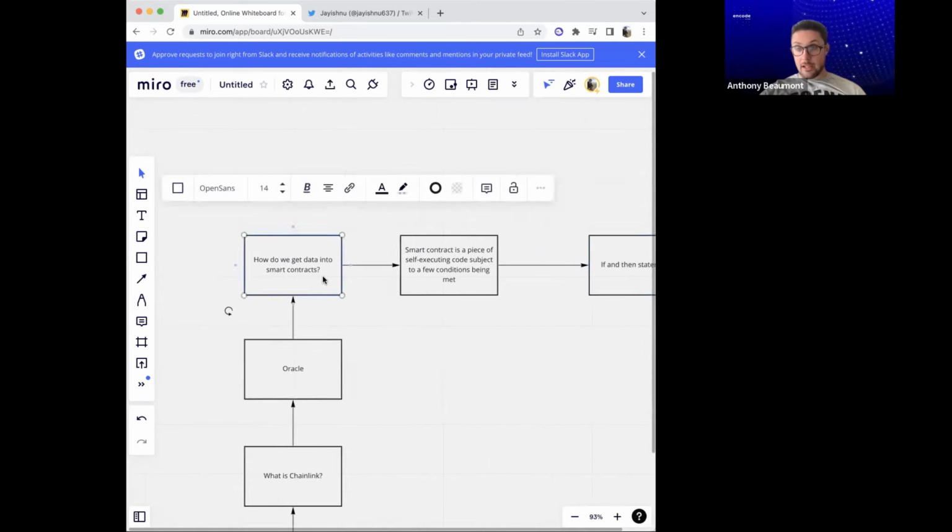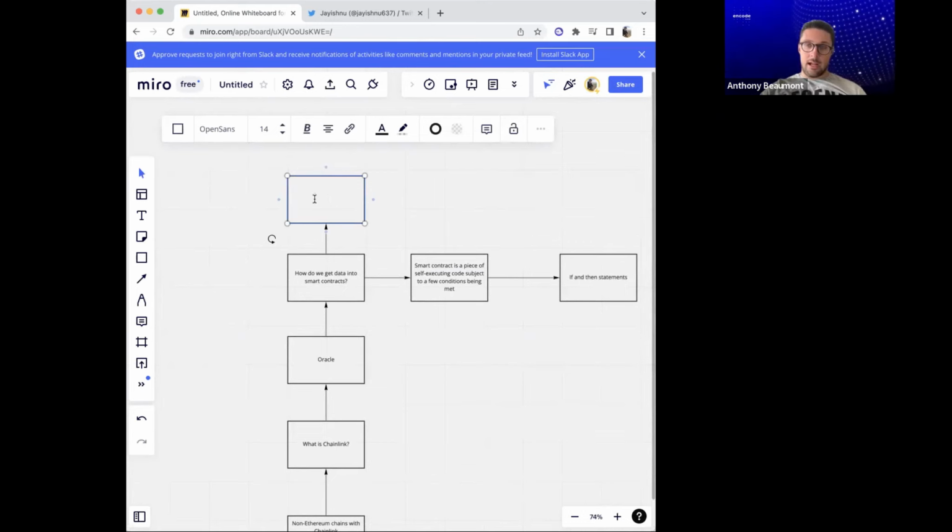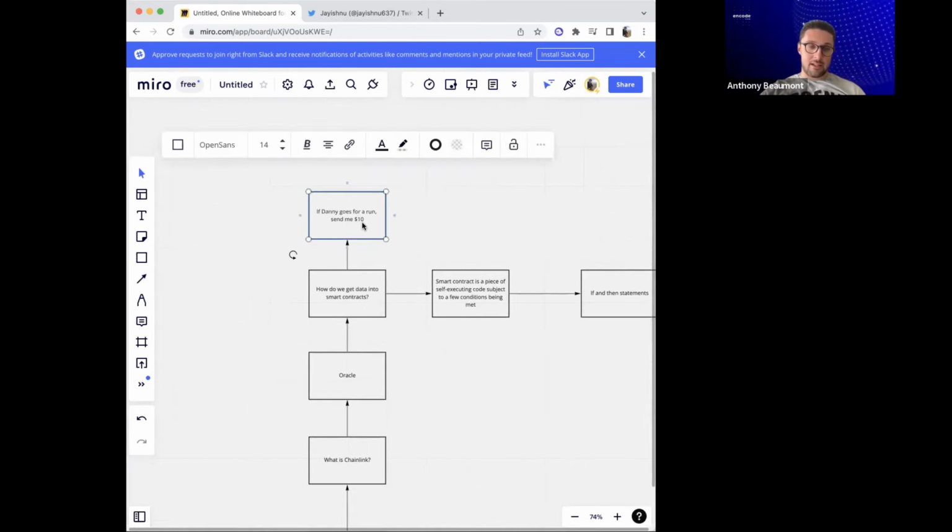Anyway, the problem is, let's take that first example I talked about, which was if Danny goes for a run, send me a notification. Fairly silly smart contract here.